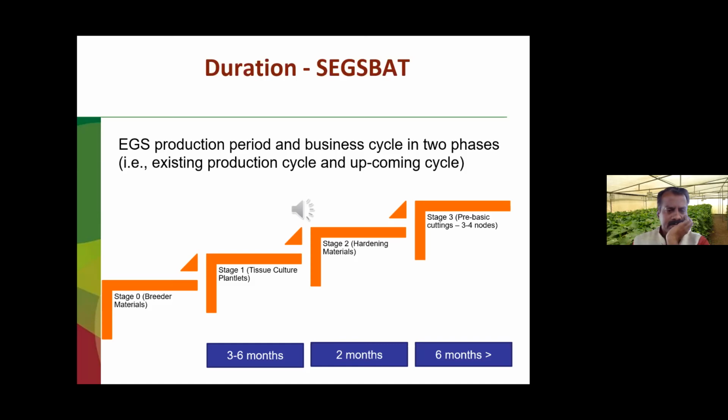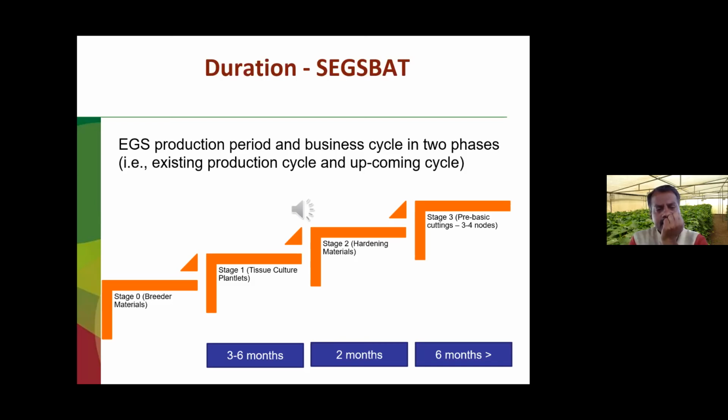Stage 2, you harden those tissue culture plantlets, and stage 3, once you harden them, you multiply them in the screenhouse. And there are some public sectors also involved in basic seed production, so in that case you'll have stage 4 as well.